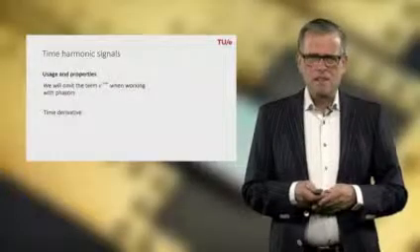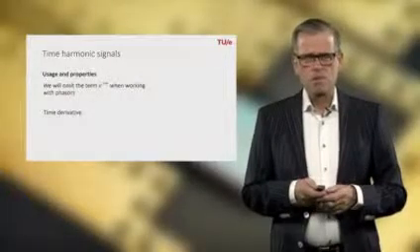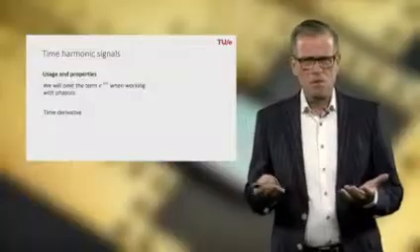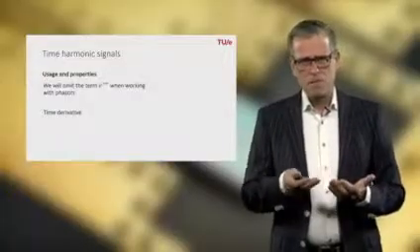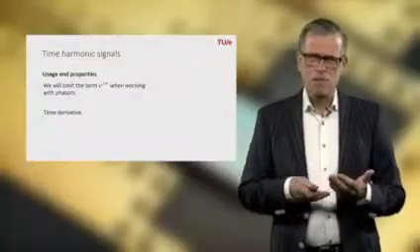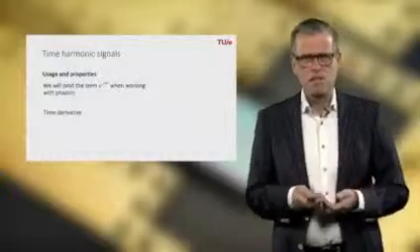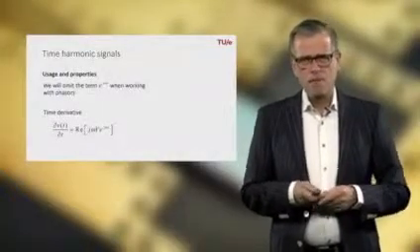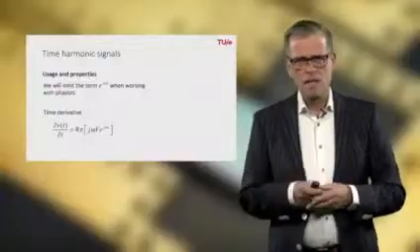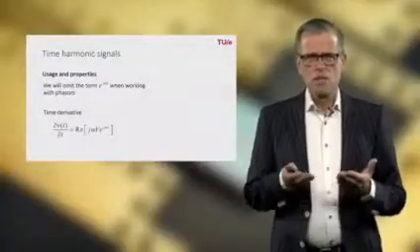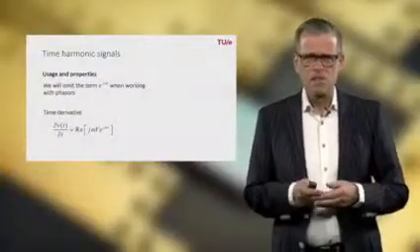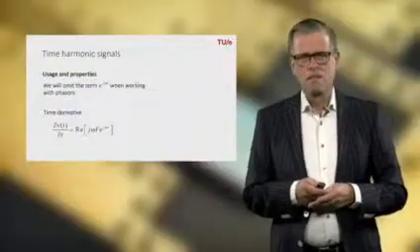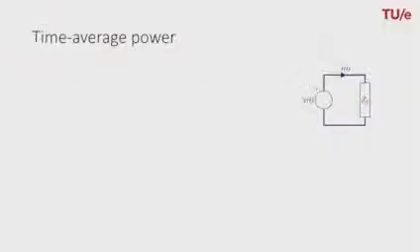On top of that, one of the important properties that we will use several times in the course is that if in the time domain we have a time derivative, for example in Maxwell's equations or in transmission line equations, a derivative to time simply transforms in the frequency domain to a simple multiplication with the term j omega, and that simplifies a lot of mathematics.